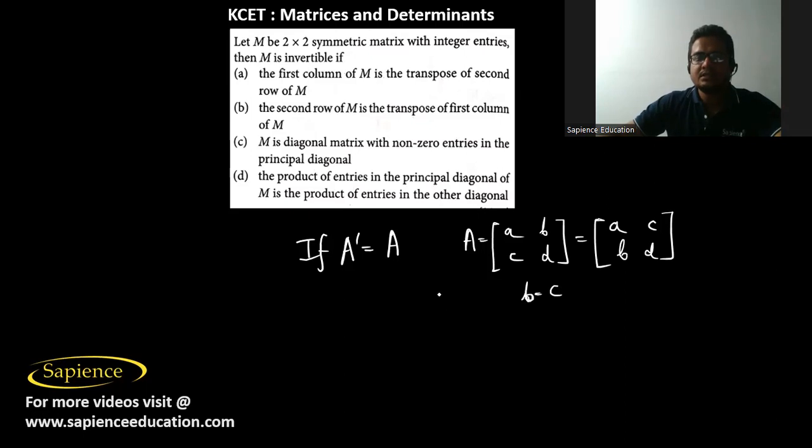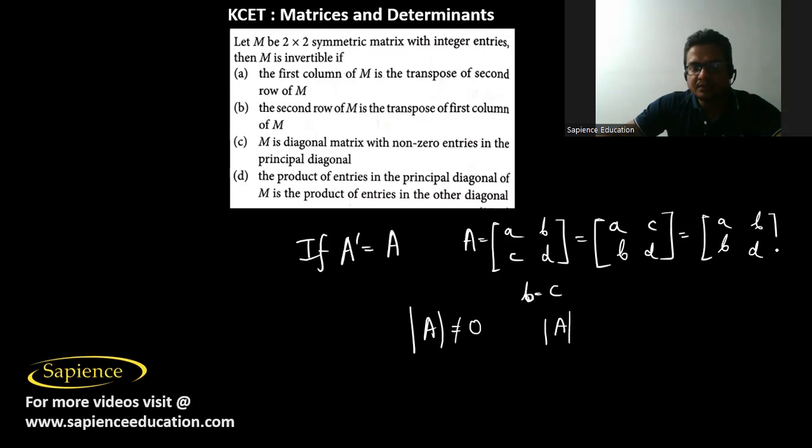Invertible means that the determinant of A should not be equal to 0. So here B should be equal to C, so I can say A, B, B, D like this. The determinant of A is equal to AD minus B square, so that should not be equal to 0.